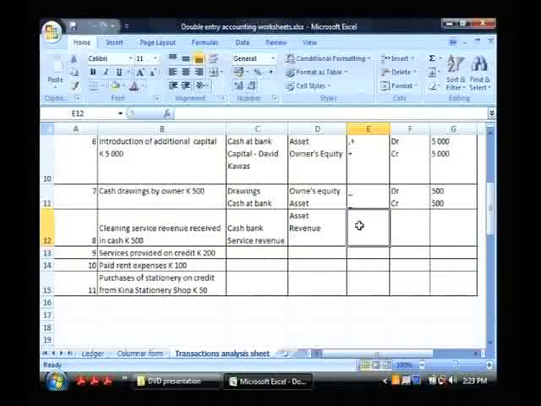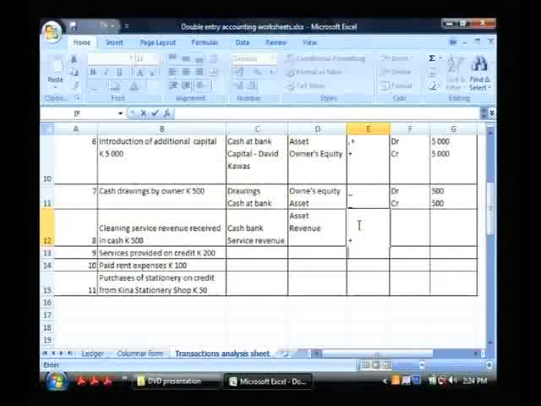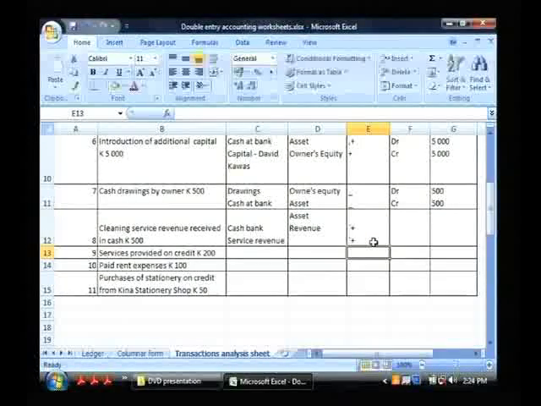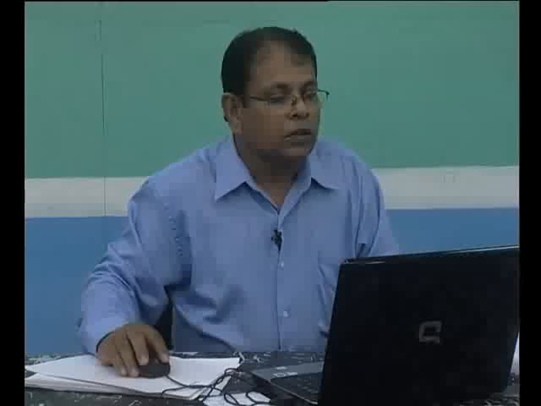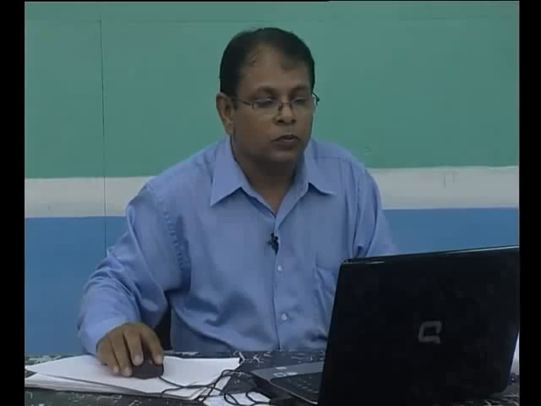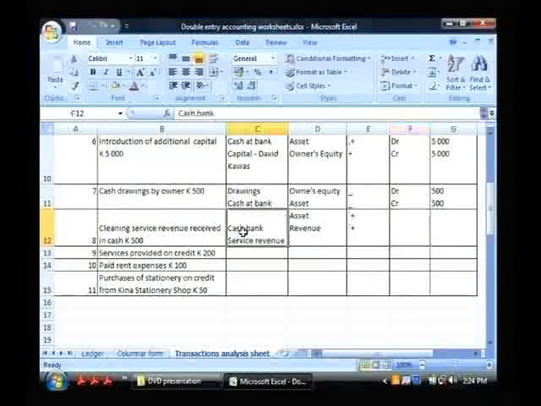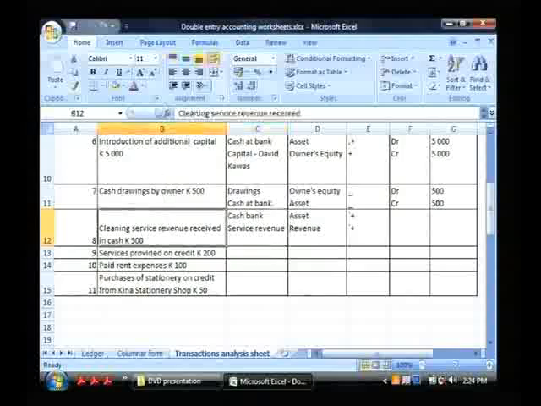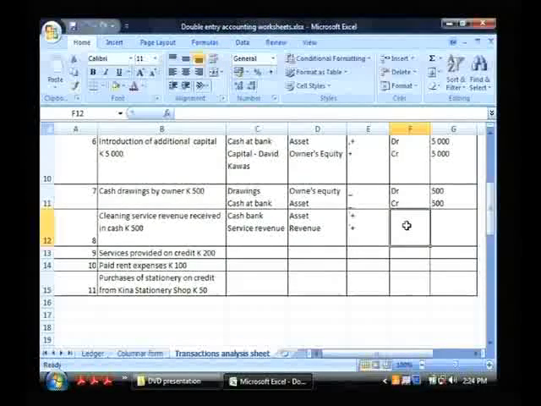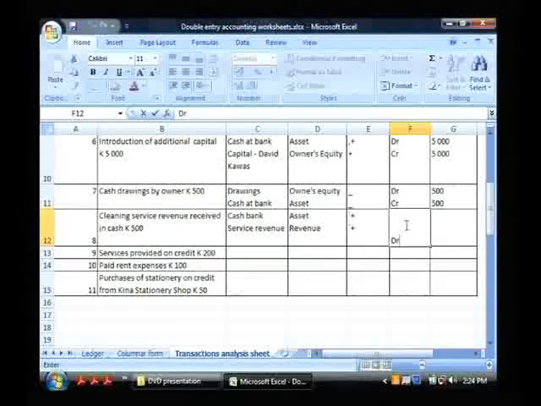Asset increase, and revenue also increased by same amount. Two pluses, increase of asset, debit, increase of revenue, credit.